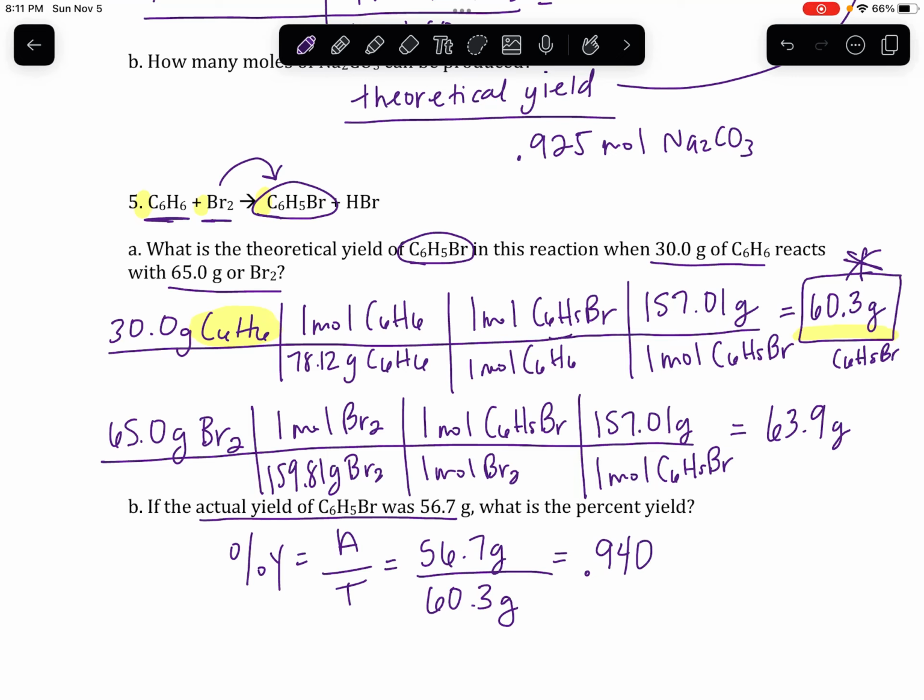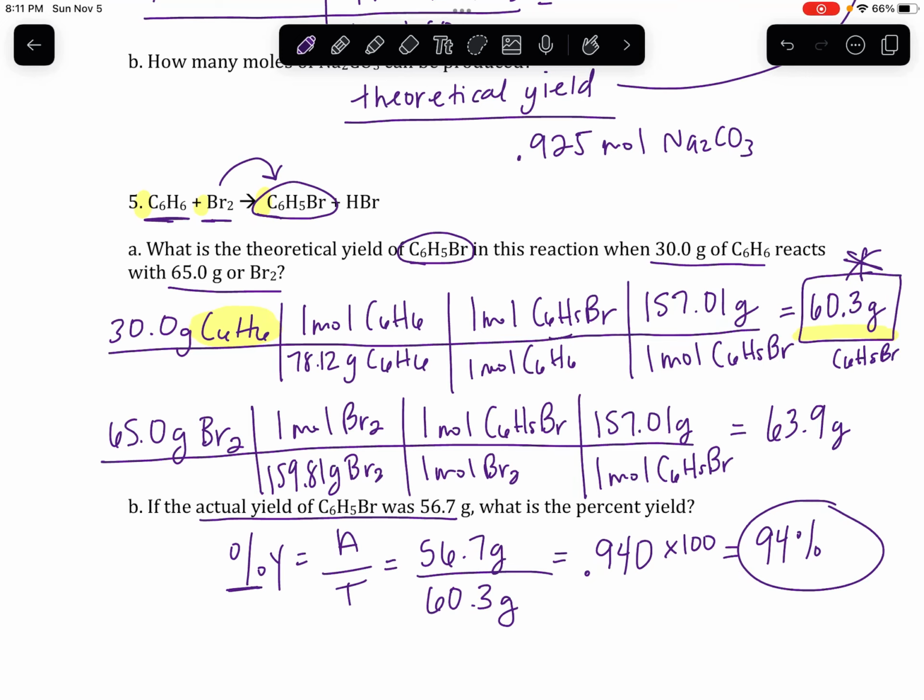And remember, because we want a percent, we have to multiply by 100, because a percent is always based out of 100. So we end up with about 94%, which is pretty good.